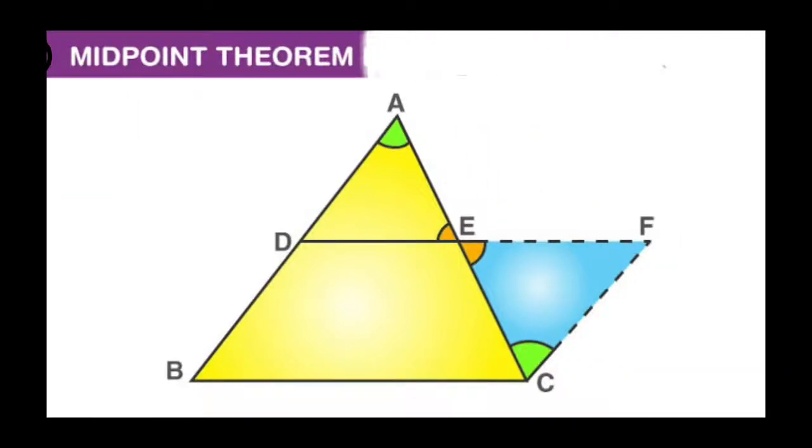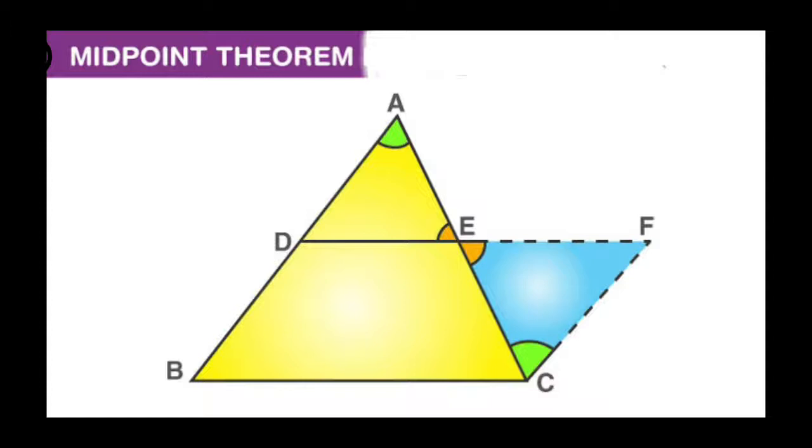To prove that, in triangle ABC, D is the midpoint of AB and E is the midpoint of AC. What we have to prove here? DE, the line segment joining the midpoints, DE is parallel to BC.